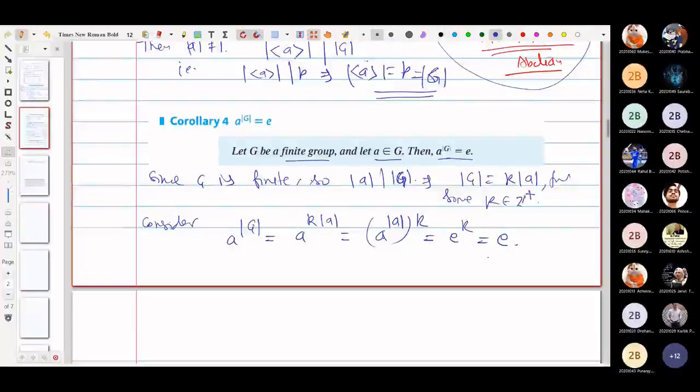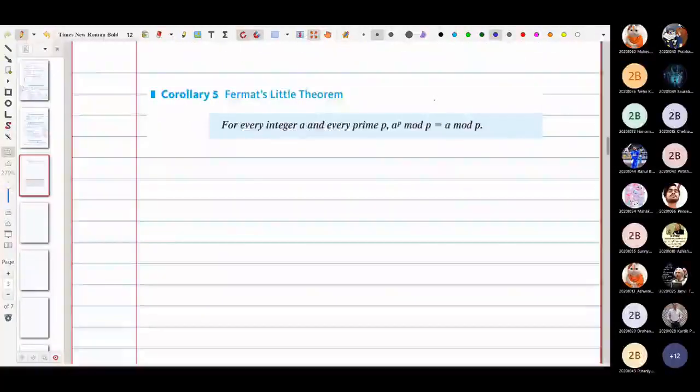But you should remember that it doesn't mean that the order of A is the order of G. It simply means that the order of G is a multiple of the order of A; the order of A will be a divisor of the order of G. That's what it is indicating here.